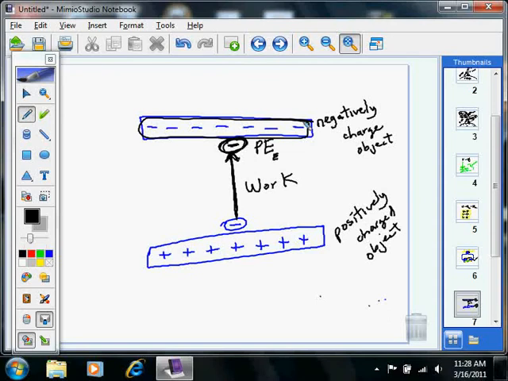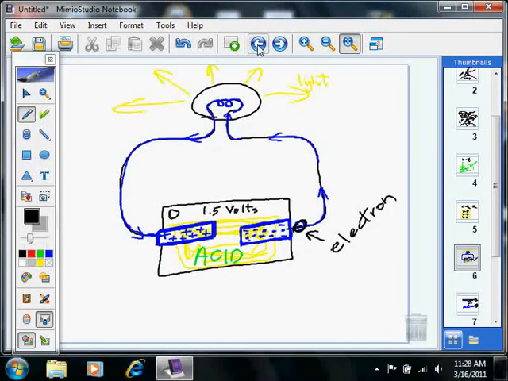So basically, when the electron is right here, guess what it has a lot of? Potential energy. A lot of stored up electrical potential energy. And basically, as it goes through the wire, that electrical potential energy is turned into light energy.